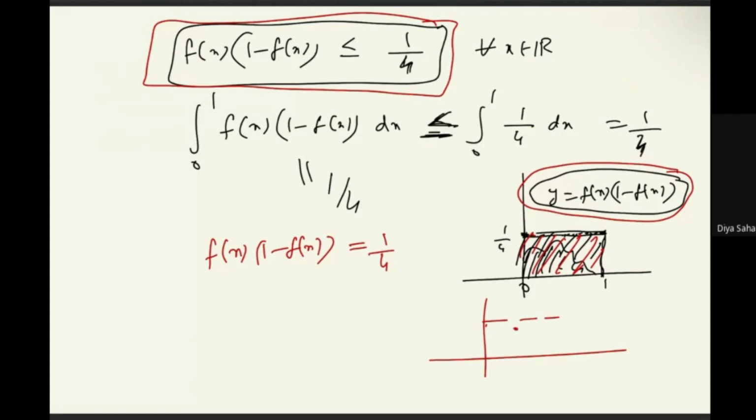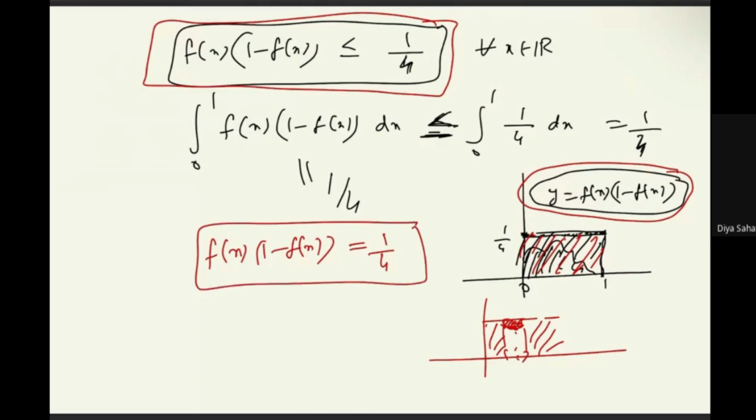Then by continuity you can find a neighborhood in which this is less than 1/4. So you get a neighborhood where it's not touching this line. You remove a non-zero region of area, right? So the function has to be the constant function 1/4. We are not talking about f of x. We are talking about f of x times 1 minus f of x.